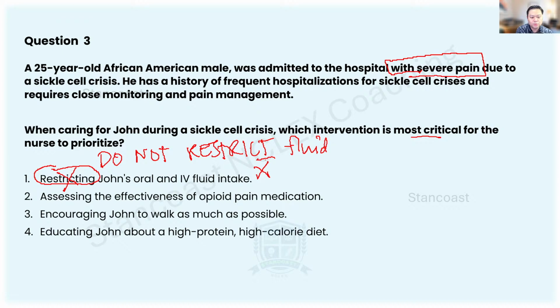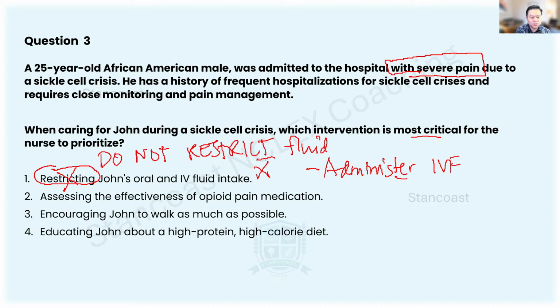We need to reduce the viscosity, the thickness of the blood, which will prevent the occlusion, right? So we are going to administer IVF. If they're not able to tolerate oral fluids, we need to administer IVF as ordered. We need to prevent further sickling of the red blood cells.